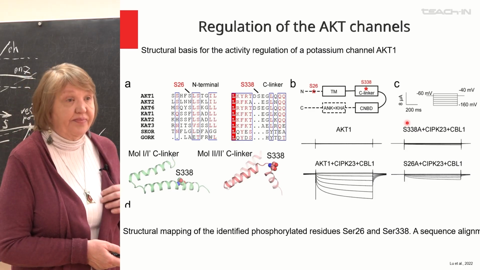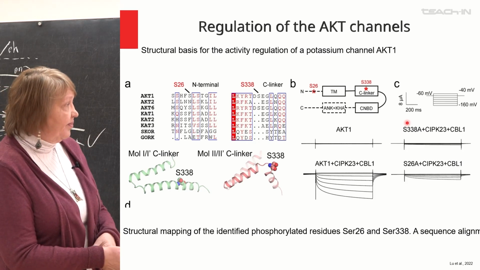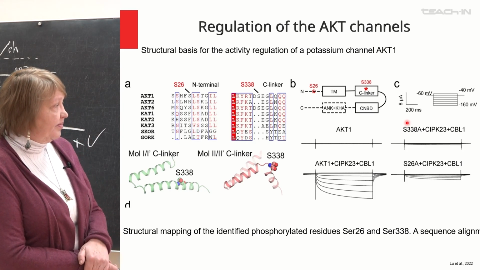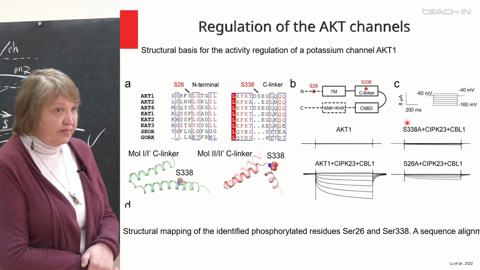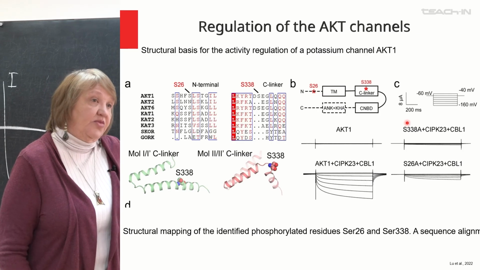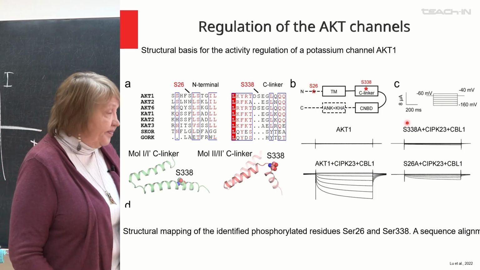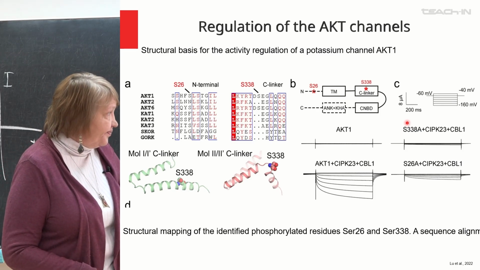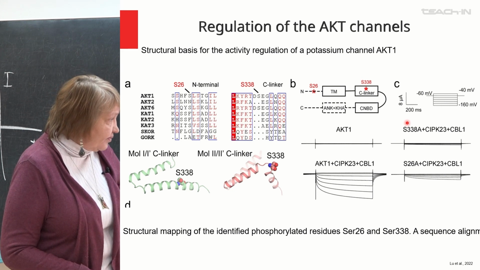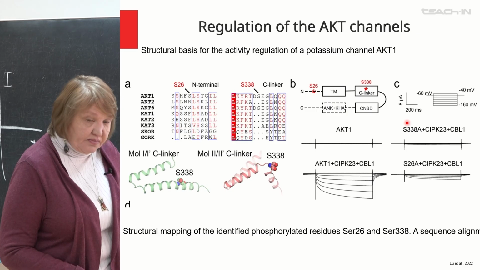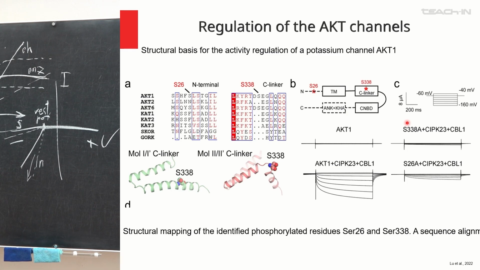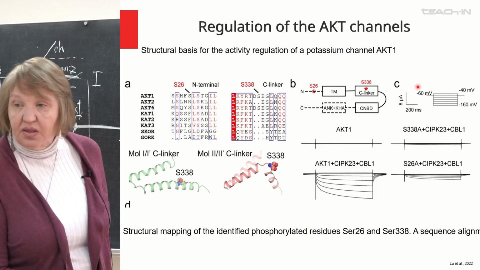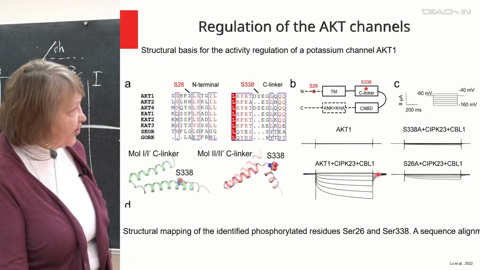You can see that when AKT1 alone is expressed, we see no response, and when it is expressed with CIPK and CBL, we can see ion currents. What does this tell us?